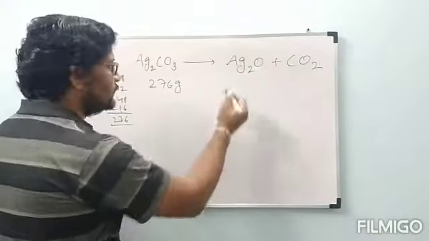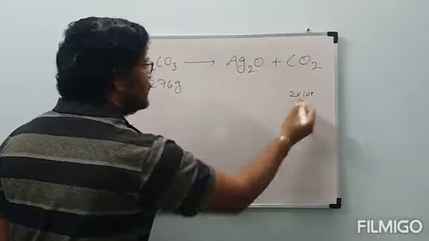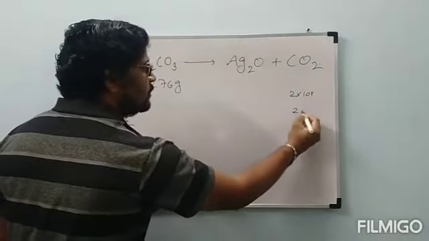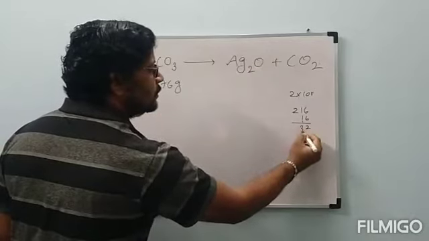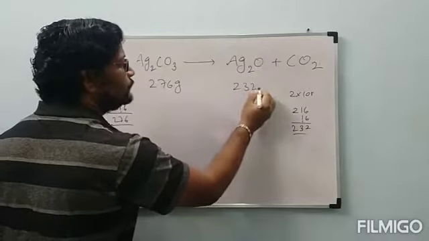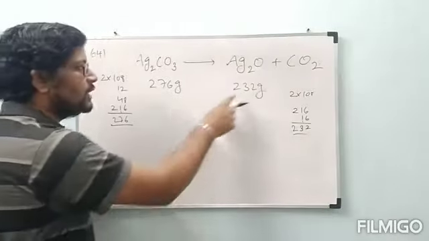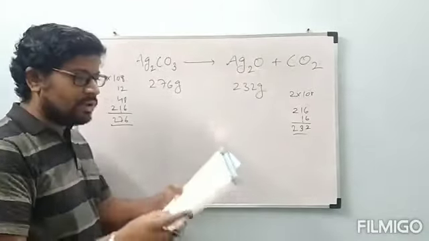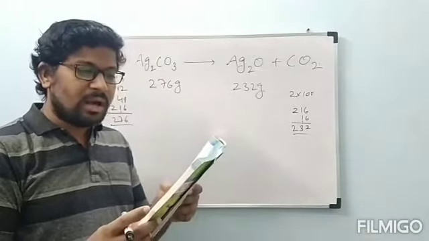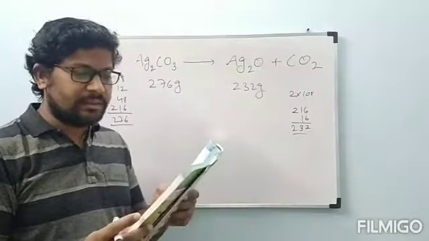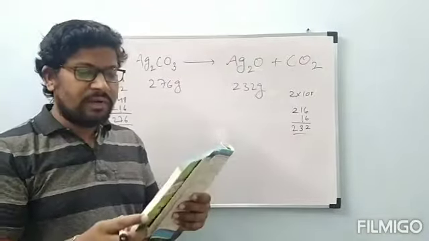Okay, now let us see. Ag2O: 2 into 108 again, that is 216, oxygen 16, 232 grams. 276 grams of Ag2CO3 will give 232 grams of Ag2O. Now what is the question? 2.76 grams of silver carbonate on strong ignition, means heating, leaves a residue weighing.